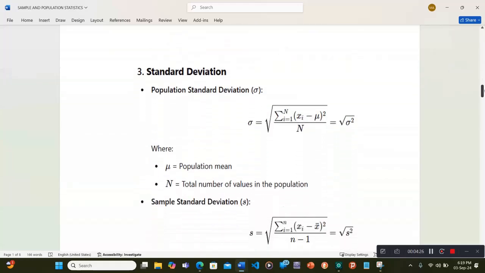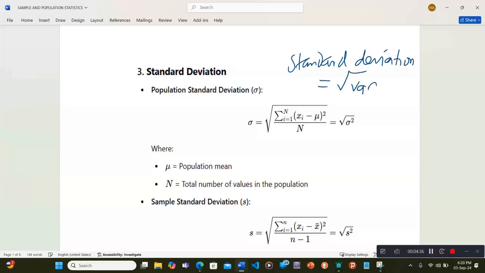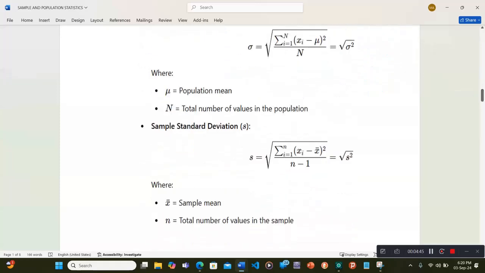Now the standard deviation is always equal to the square root of variance. So I just take the square root of that value, and then I will get the standard deviation. The same applies to the sample standard deviation, which will be represented by S. The variance was sigma squared, so the standard deviation is sigma for the population.